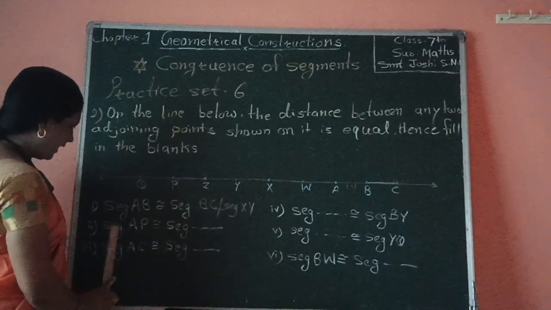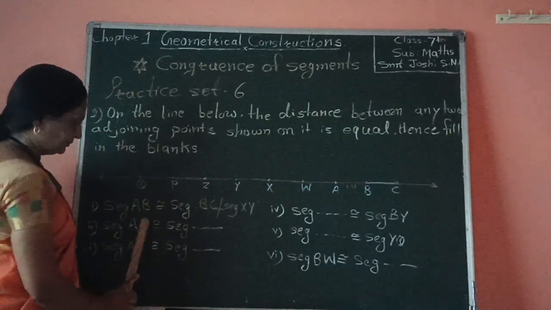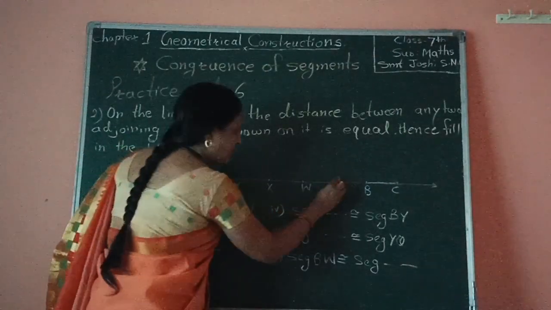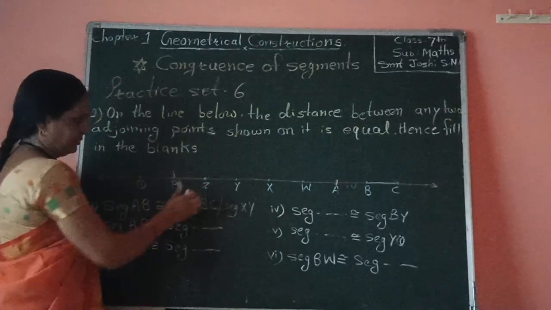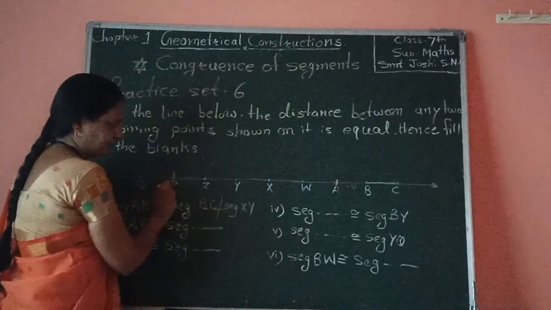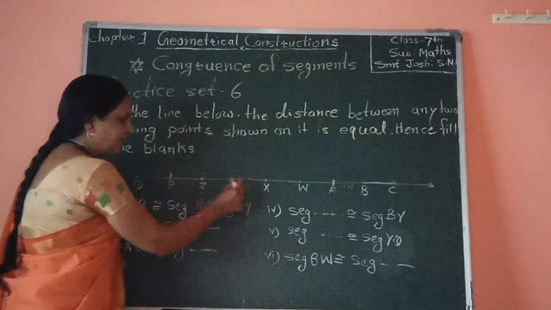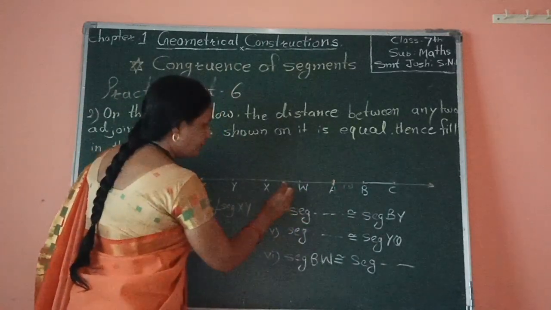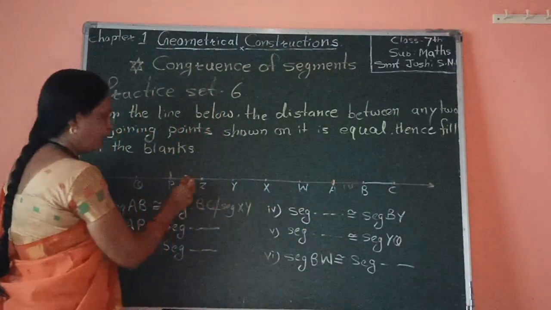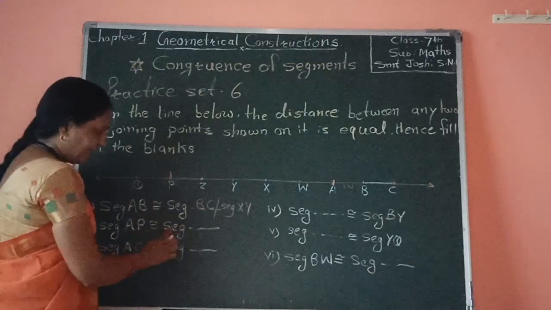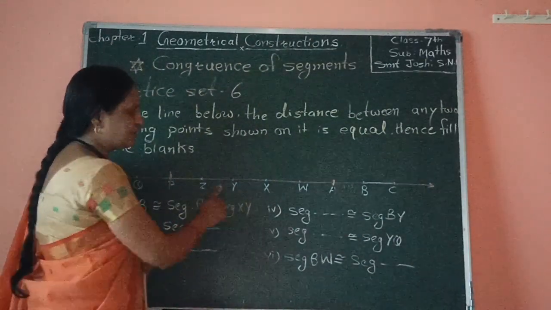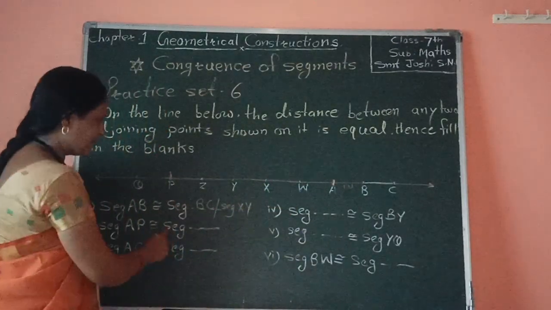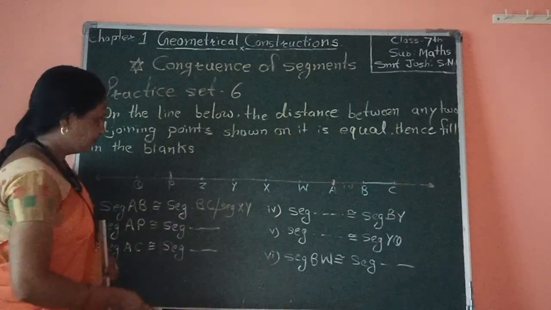Next, seg AP. See students, from A to point P means seg AP. Count the distance: 1 unit, 2 unit, 3, 4, 5. And next, a segment in which the distance is 5 units. Write down the name of the segment.